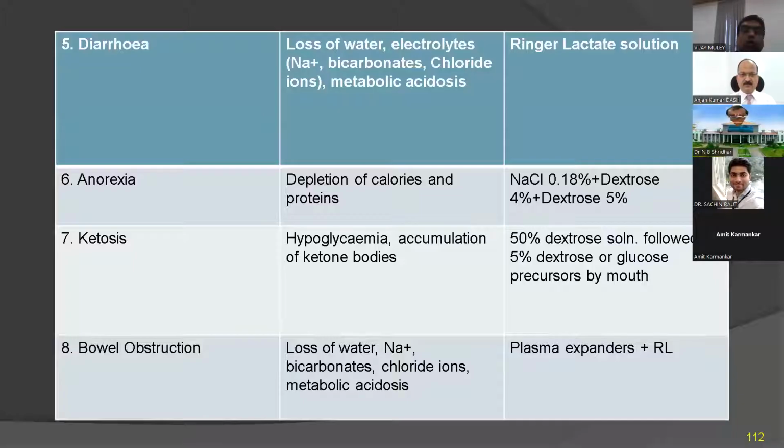And in case of ketosis, 50% dextrose solution initially, followed by 5% dextrose solution or glucose, or a glucose precursor by mouth like glycerin, may also be given. And in bowel obstruction, which sometimes happens in cattle, plasma volume expanders plus Ringer lactate are required.